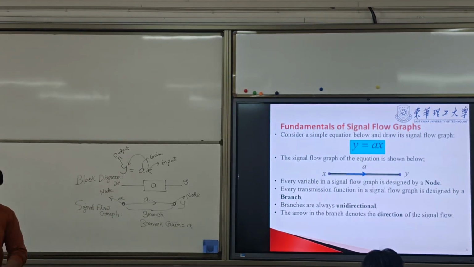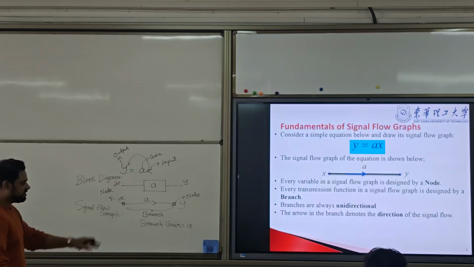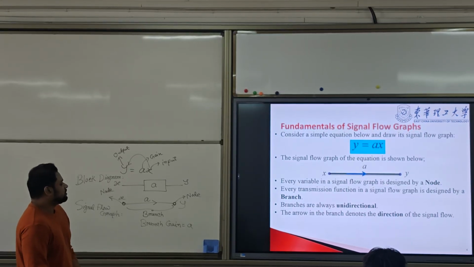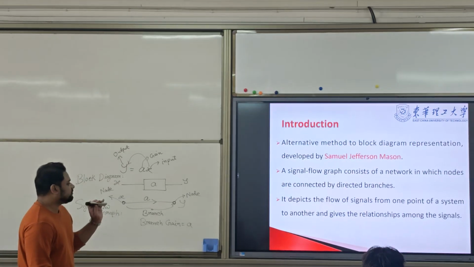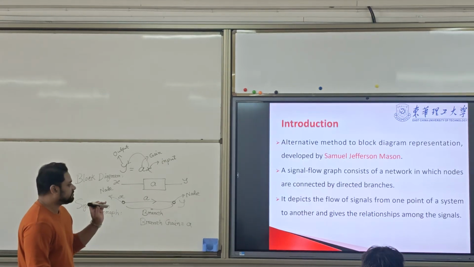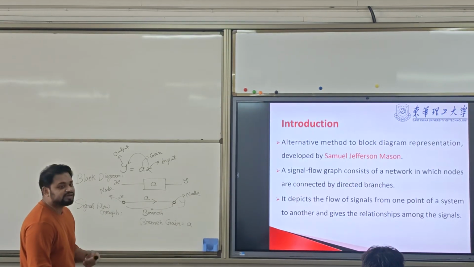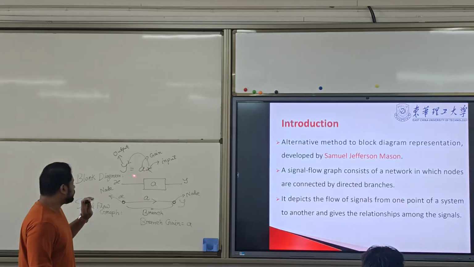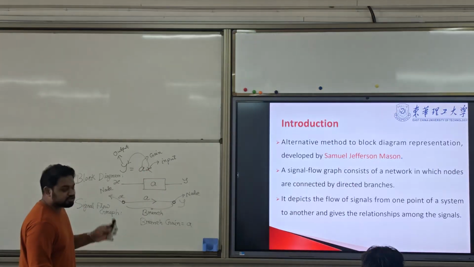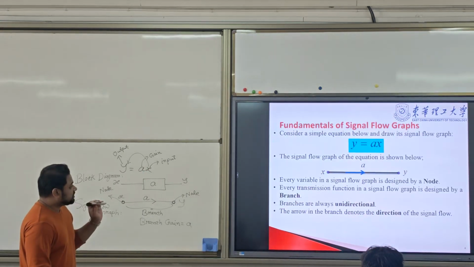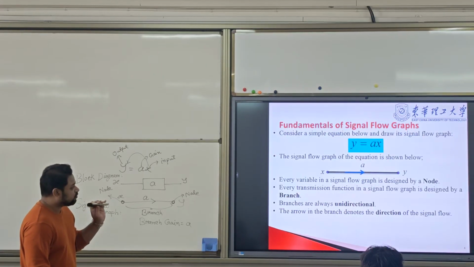It is explained here. You can read it here. What I explained is mentioned here. It depicts the signal flow from one point to the other and gives the relationship among the signals. What is the relationship? The relationship y equals ax. Each variable we call a node. These are the variables x, y.